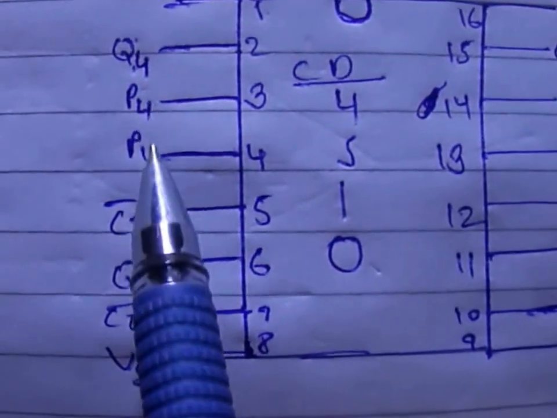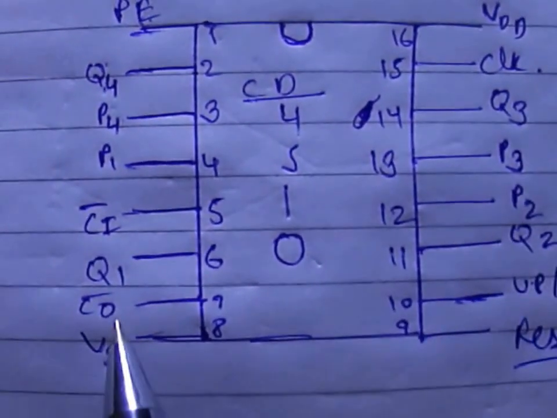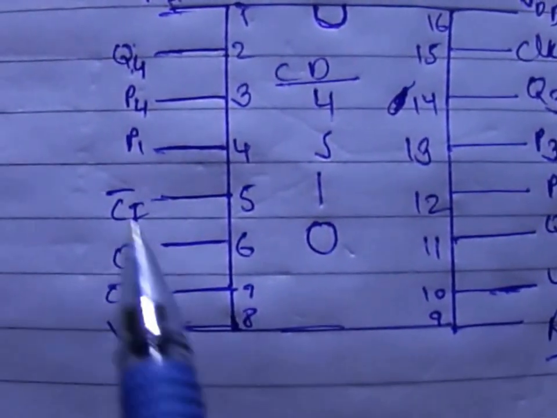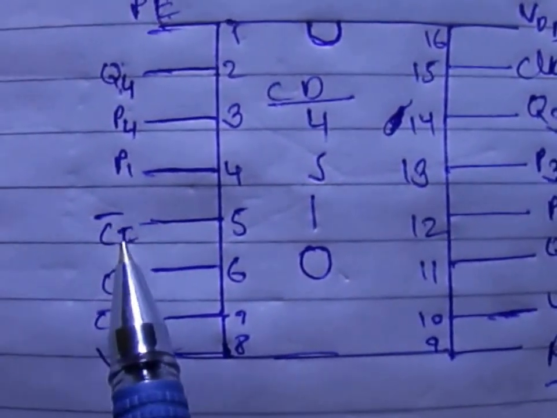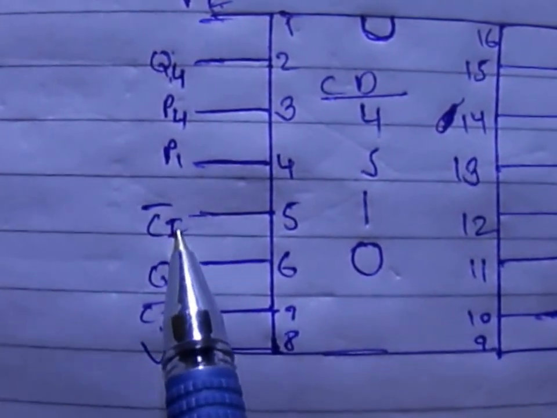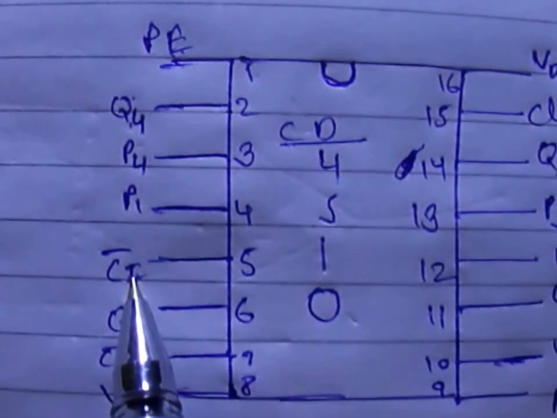We'll not bother about P4, P1, P2 and P3 now, and we'll not also care about CO, that is the carry out pin. This is the carry in pin, and we have to give a 0 input here so that counting can start, otherwise there will be no count.